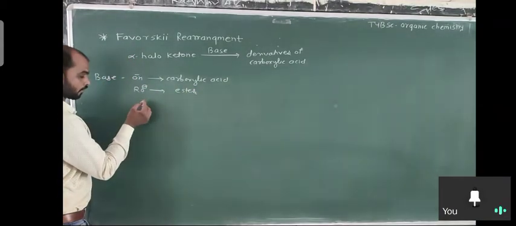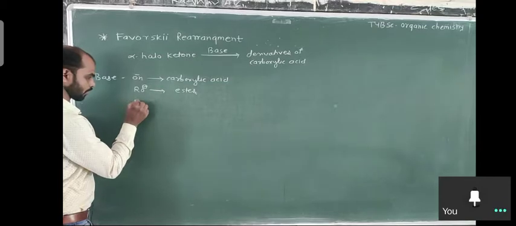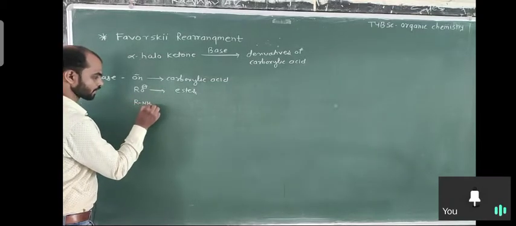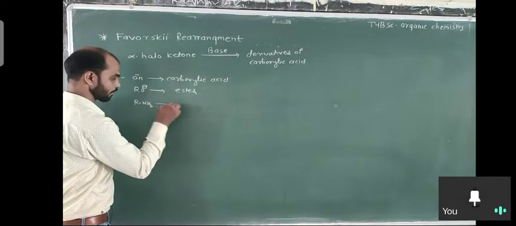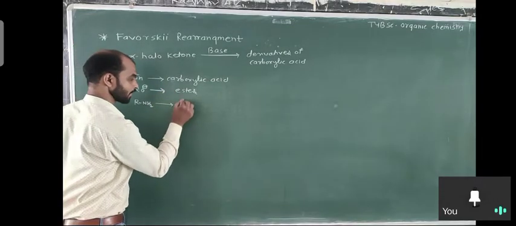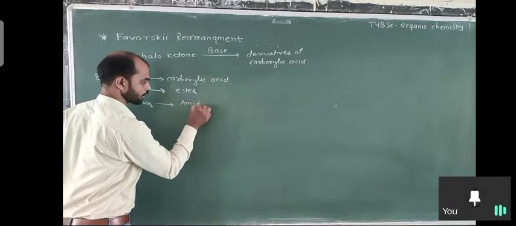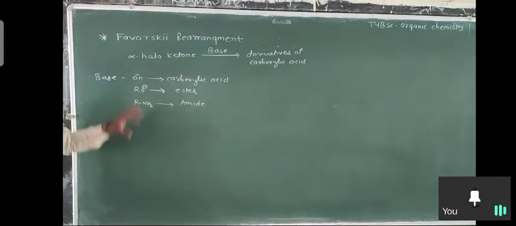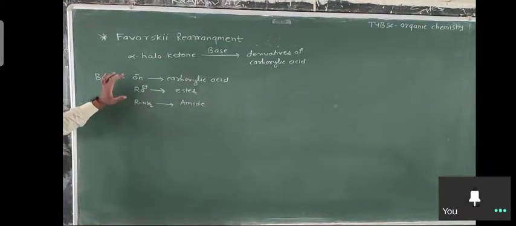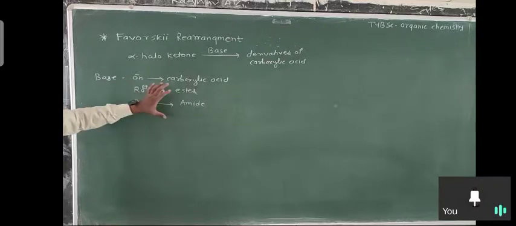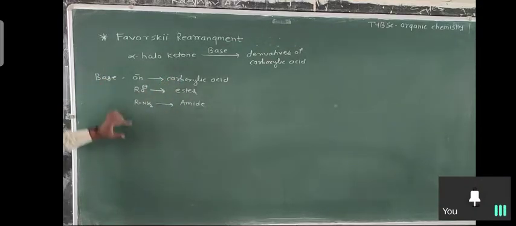When amines, RNH2, are used, then the product formed in the rearrangement is an amide. So it depends on which kind of base is used, hydroxide, alkoxide or amine, and that shows which product is formed. It depends on the nature of the base.